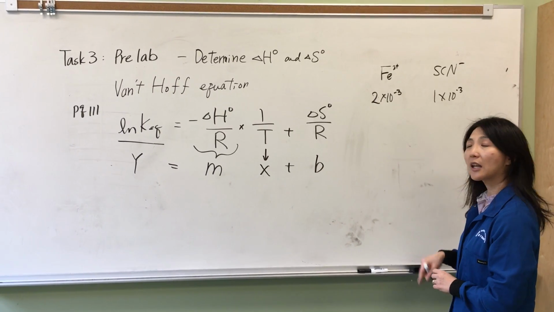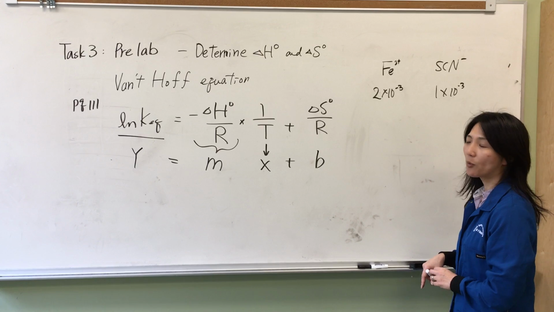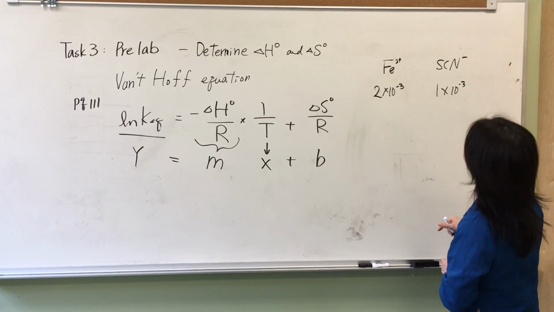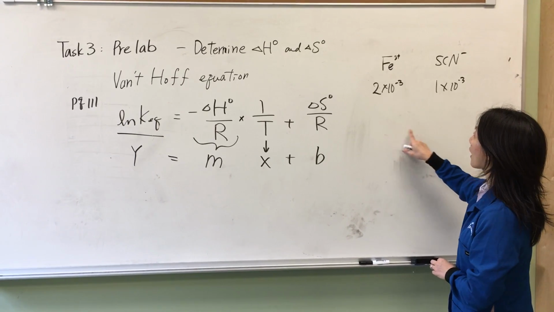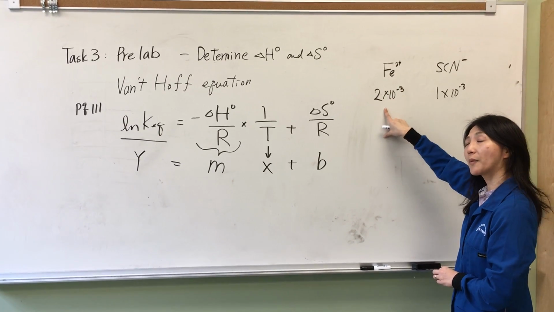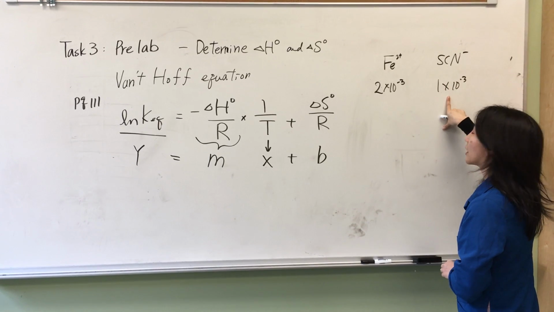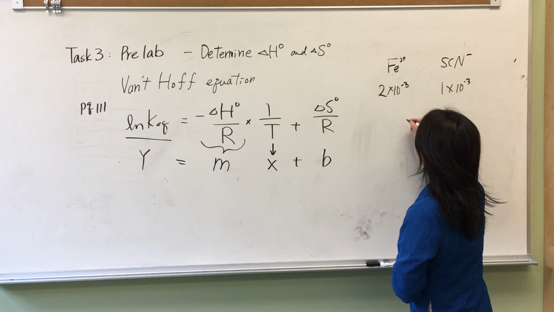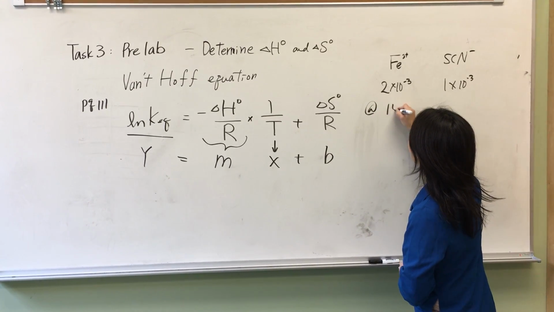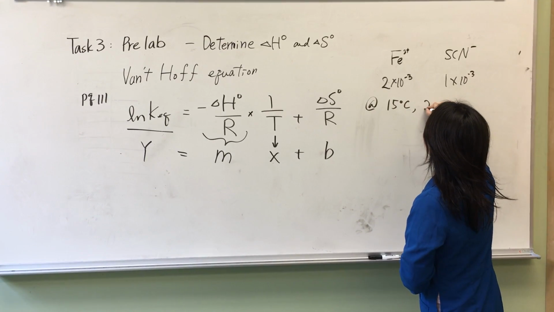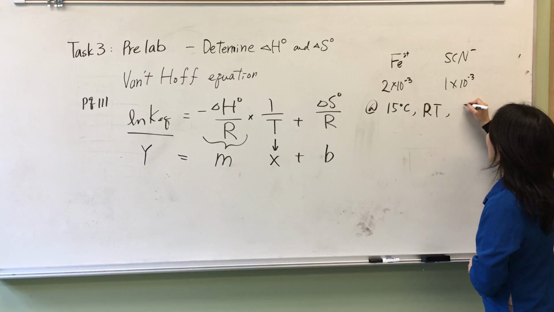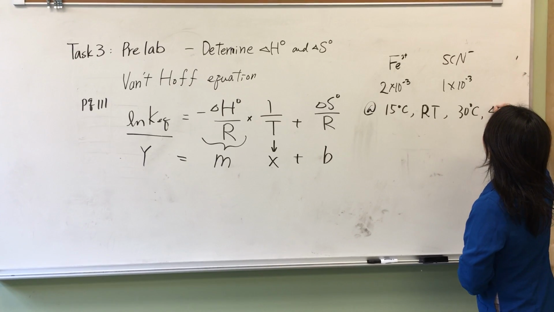We can look at the data from task 2, and most of you have data that gives an absorbance of 0.5, which is iron at 2 times 10 to the minus 3 and thiocyanate at 1 times 10 to the minus 3. Then we want to measure the absorbance at temperatures of 15, room temperature, which you need to measure, 30 and 40.